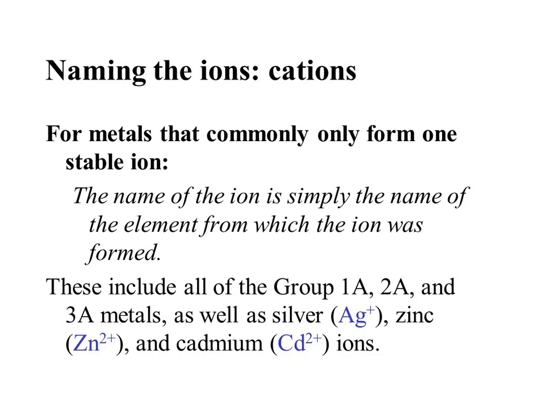When it comes time to naming that metal that's lost electrons, some metals only have what we say one form, only one form. And those metals are right here.